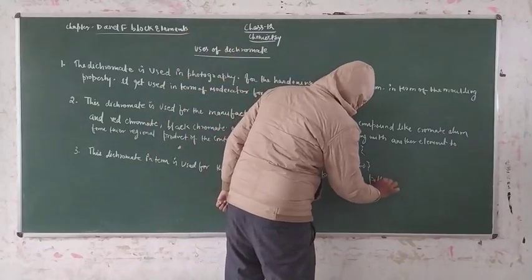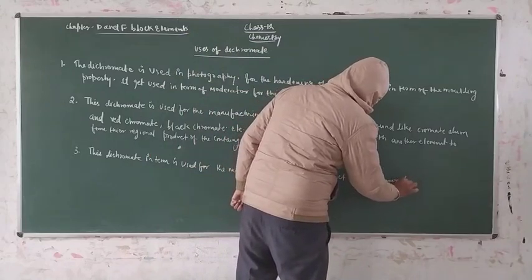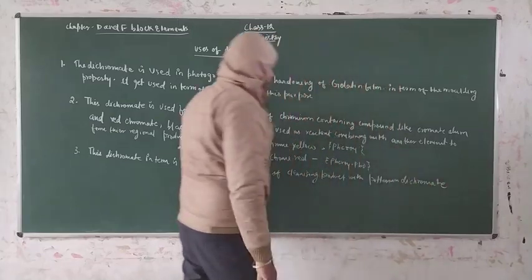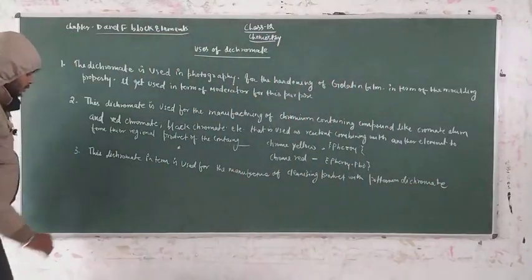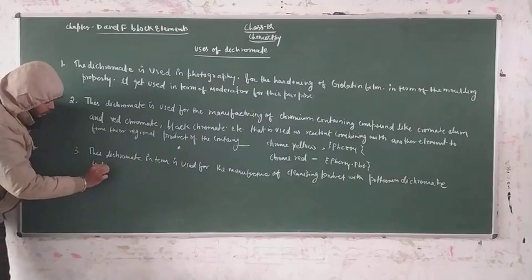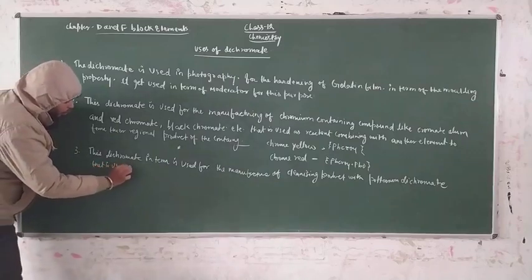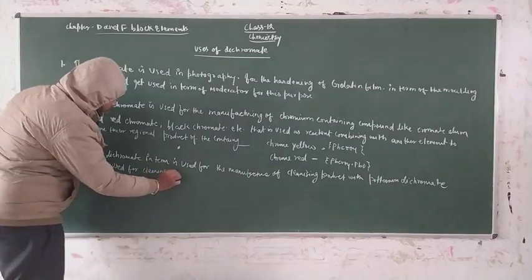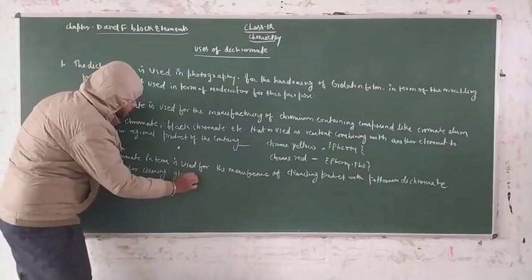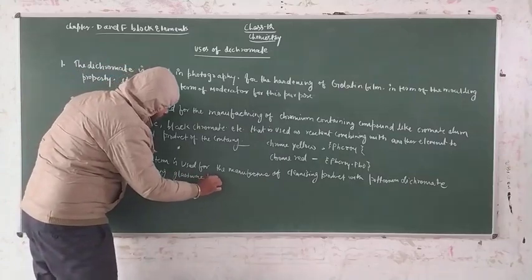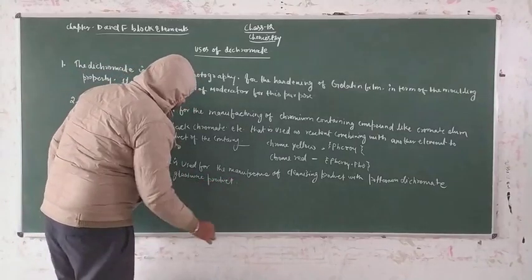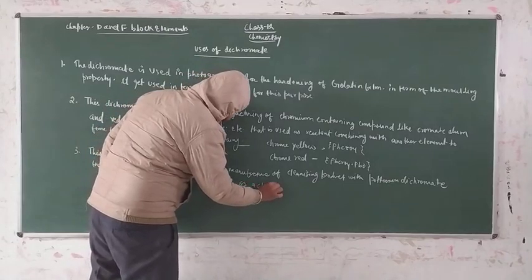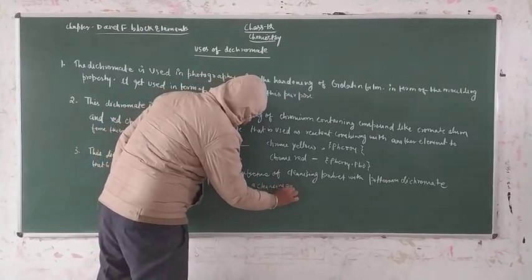Potassium dichromate is used for cleaning glassware products as a cleansing agent.